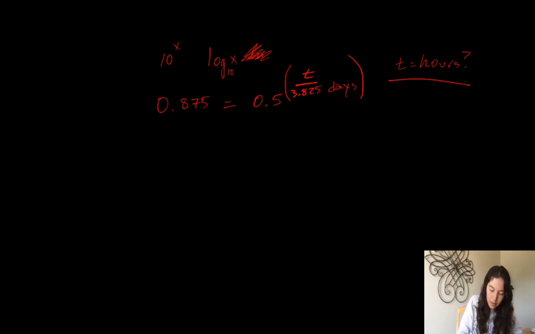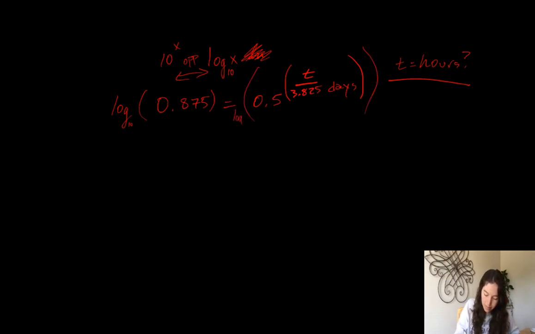These are opposite each other. One undoes the other one. So what we're going to do here is take the log of both sides, and we're assuming this is log base 10. When I say log, it's log base 10. We're going to take the log of all this other stuff.